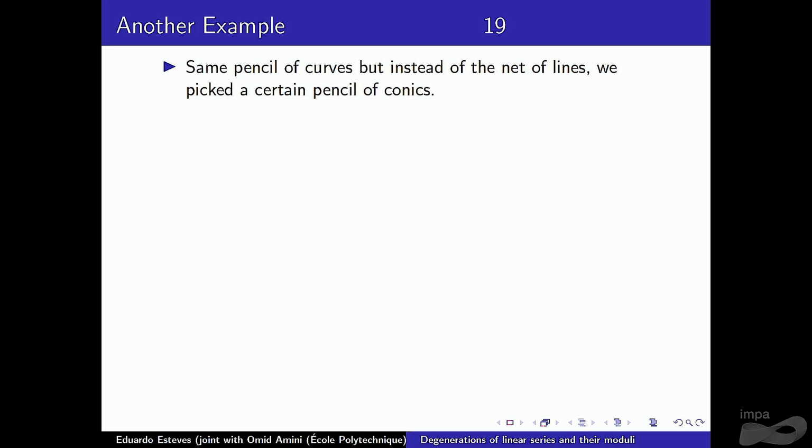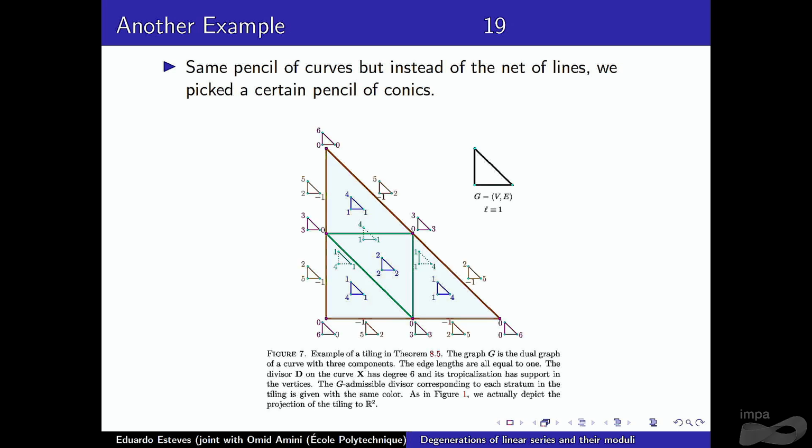But we have a few more pictures, and I was a bit lazy, didn't produce the pictures for this special case. But for a case where you have, instead of the pencil of lines, we picked a certain pencil of conics, right? Degenerating to our triangle, still always our triangle. And then, don't look at the small triangles there, but that's the polytope decomposition of the large triangle, right?